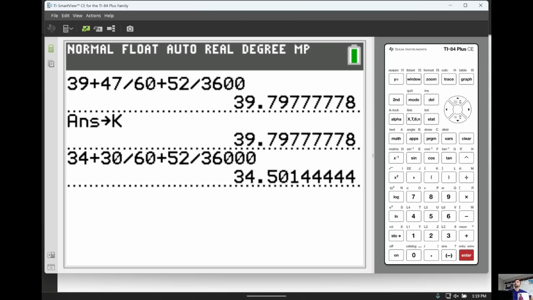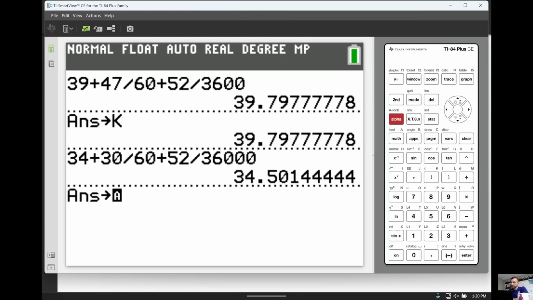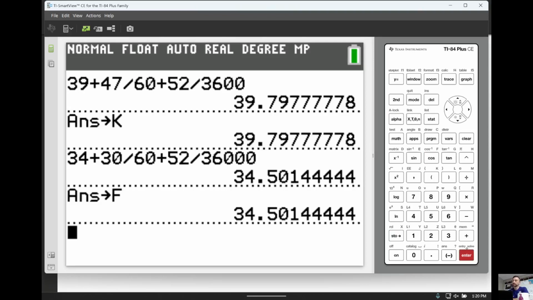And again, I understand why you guys round this, but if you round in the middle of the problem, your final answer is going to be off a little bit. And in this case, it ends up being miles different. So I'm going to store that in for, let's just do F for Fayetteville. Now, anytime I use F in my calculator, it knows the exact, not an estimate, but the exact value of F.